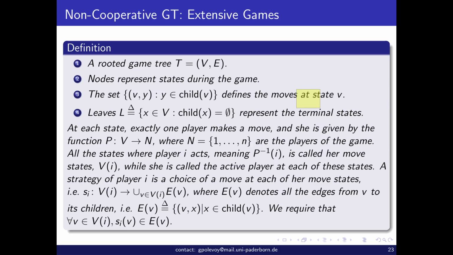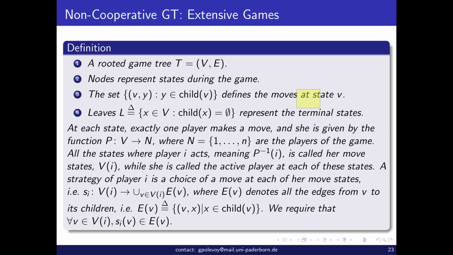So let us continue. A rooted tree, nodes represent the states, because here, as I said, we model the exact state of what happens in this interaction, and the exact moves that the person takes in certain cases. Of course, it will sound much better to say action, but trust me, it's better to use the word move. If I use the word action, probably it will still mean move by mistake, but I'll try to use the word move. And if you are not sure, please ask.